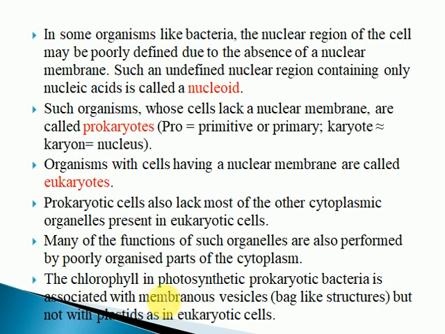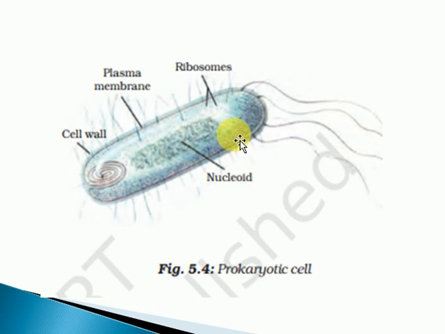Chlorophyll in photosynthetic prokaryotic bacteria is associated with membranous vesicles but not with plastids as in the eukaryotic cell. The chlorophyll is present in prokaryotic cells, but in certain bags called vesicles. Here chloroplasts are not seen. Chloroplasts are present in the eukaryotic cell.